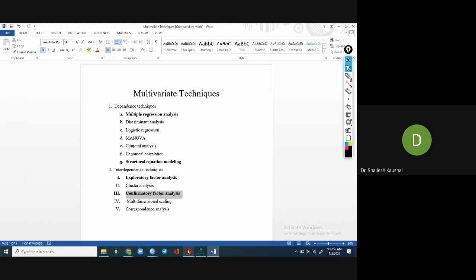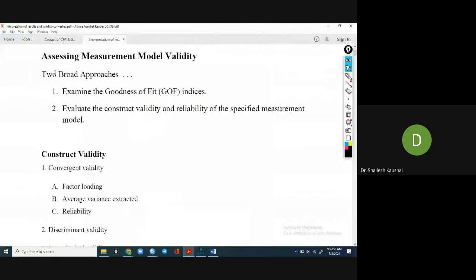Now there are two broad approaches. One is that we examine the goodness of fit indices. We obtain results from the Amos output of goodness of fit indices, whether my model is good or fit or not. The second is to evaluate the construct validity and reliability of the specific measurement model.